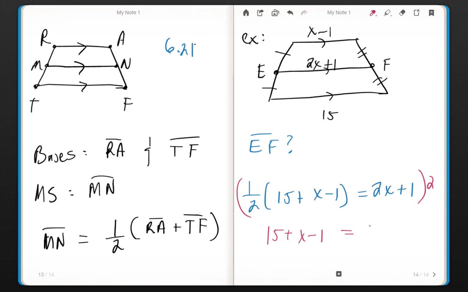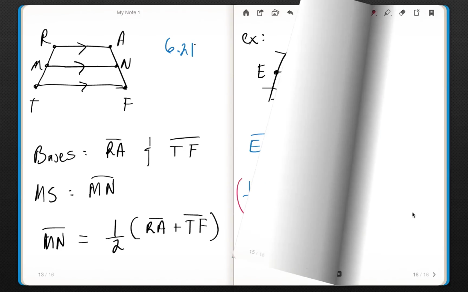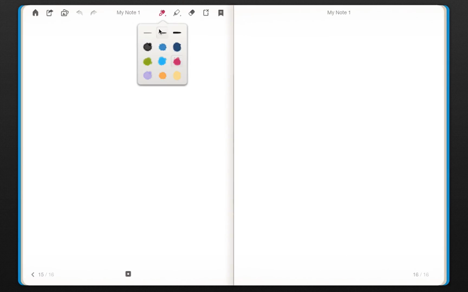But then you have to double everything on the right-hand side. We can combine the 15 and the 1 to get 14 plus x, and that's equal to 4x plus 2. 14 plus x is equal to 4x plus 2 is what we have.